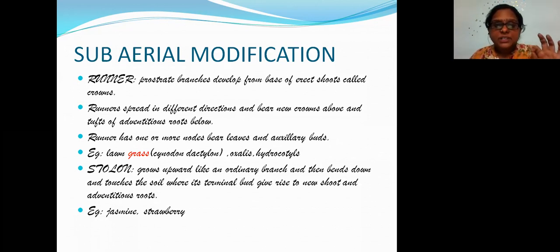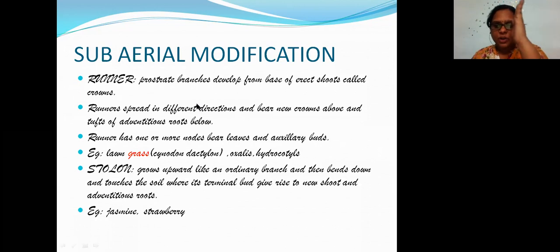The difference between the runner and this is about the bud. Wherever this terminal bud touches, there the new plant comes out in case of the stolon.